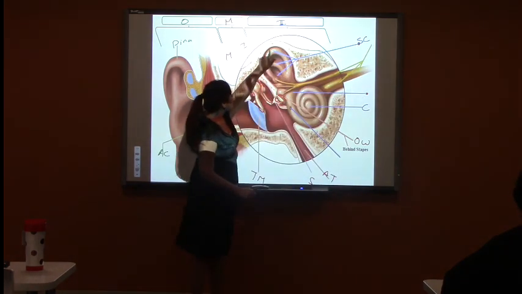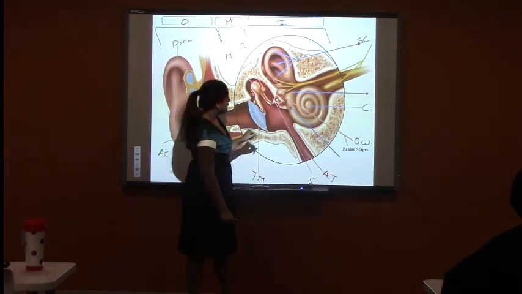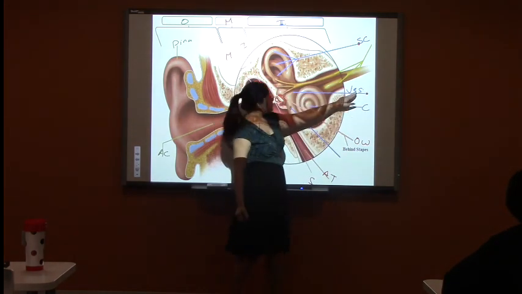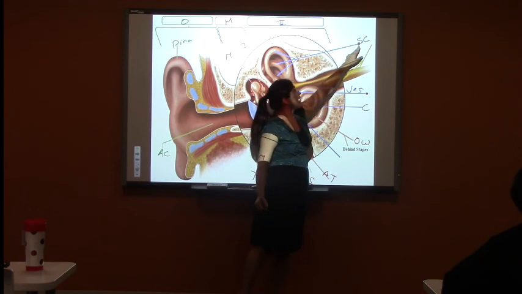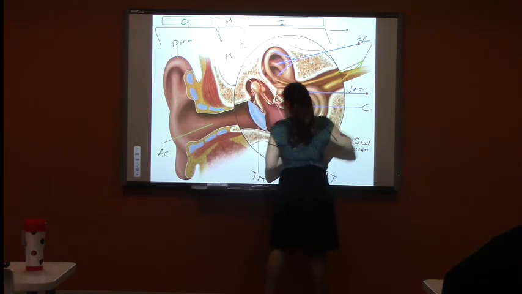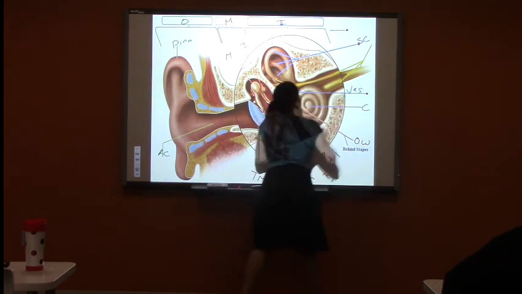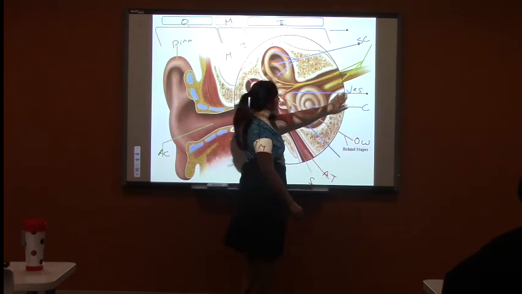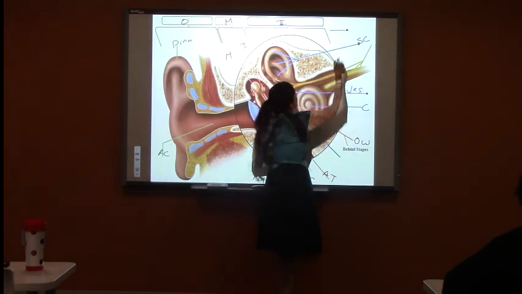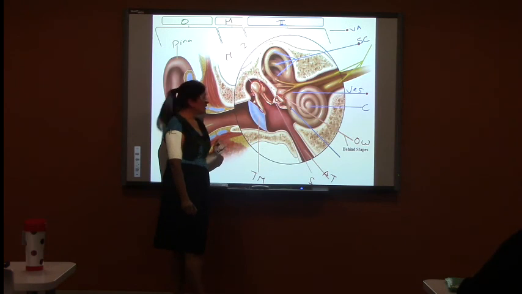As you can see, the semicircular canals. And right here you have the vestibule. The vestibule and the semicircular canals collectively, this part with the red dot, are called the vestibular apparatus. Does that make sense?